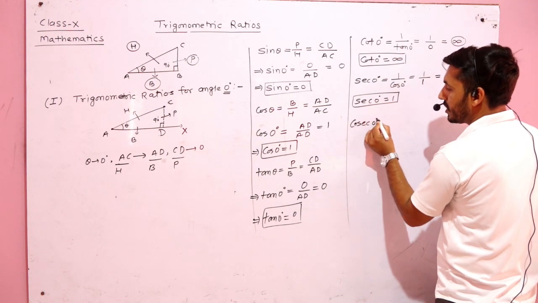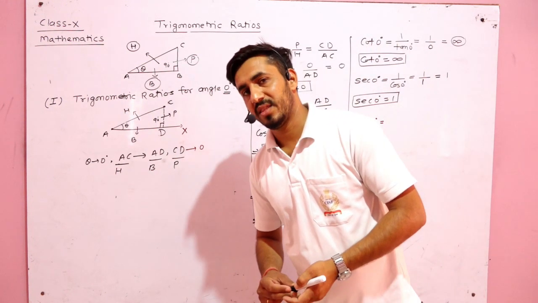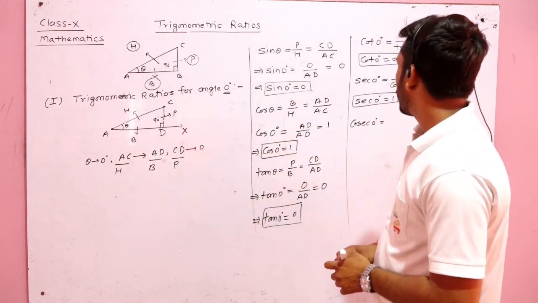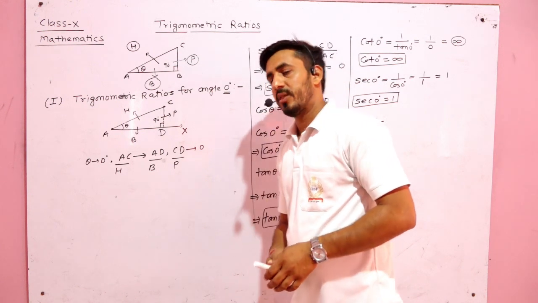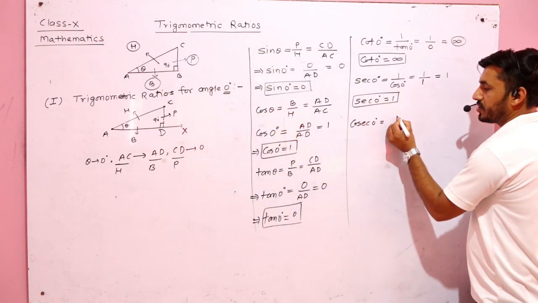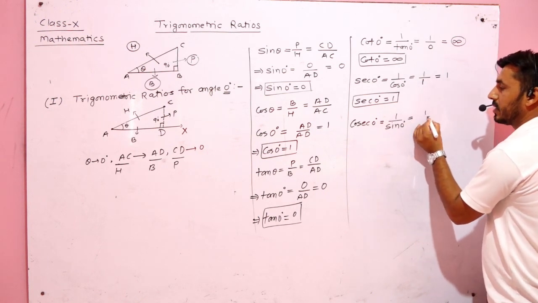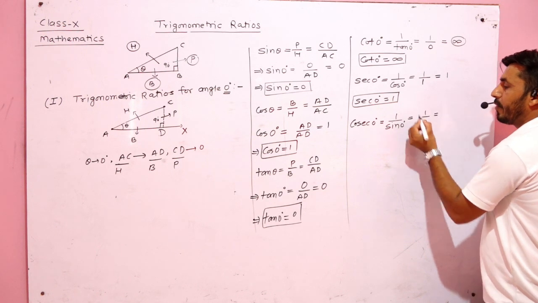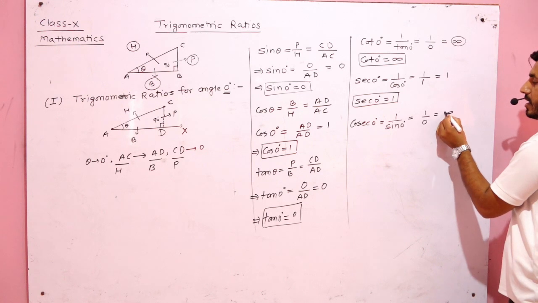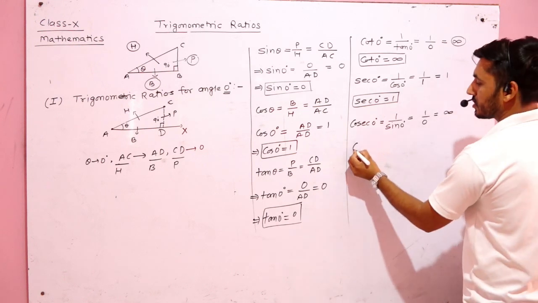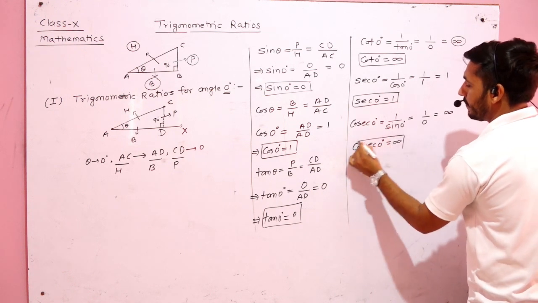As we have studied earlier, cosec theta is the opposite trigonometric ratio of sin theta. Then I can write cosec 0 is equal to 1 upon sin 0, which is 1 upon 0, and it is defined as infinite. In this condition cosec 0 degree is equal to infinite.